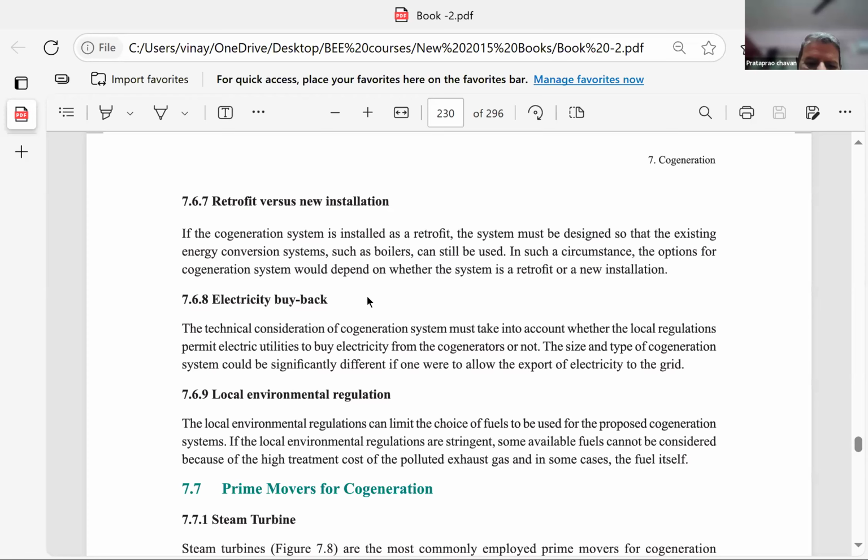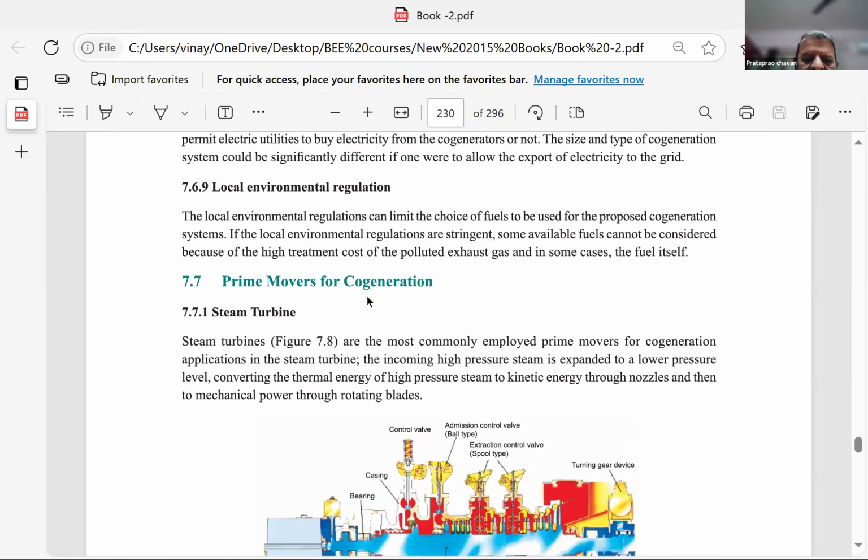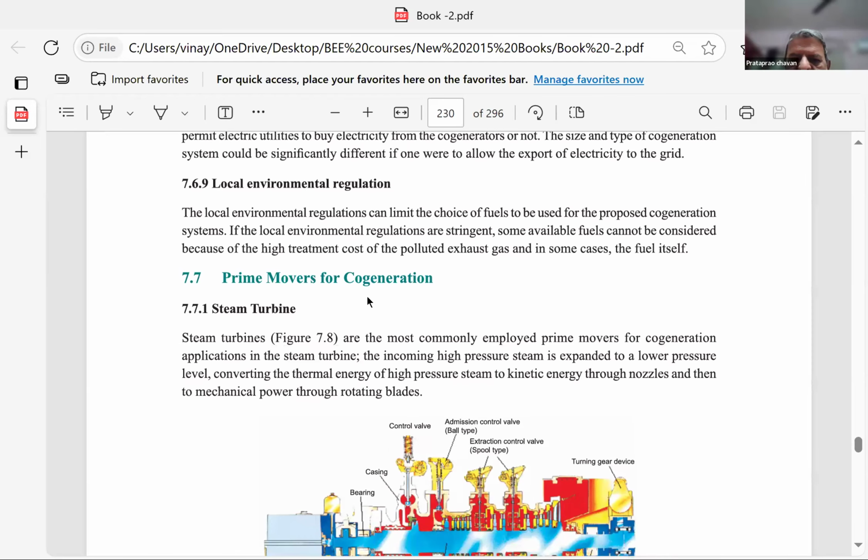Next, environmental regulations. What is that? The local environment regulations can limit the choice of fuel. Regulation is that in any mega city, in the locality where population is thick, you can't have a coal plant. Even if it is viable and economical and everything, the regulation says no, you can't erect it here because of the environment problems and whatnot.